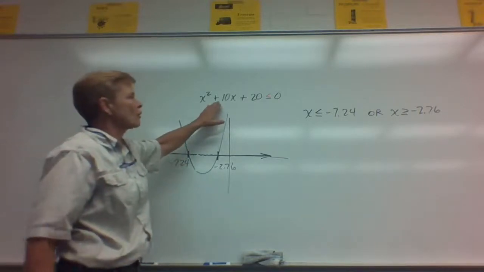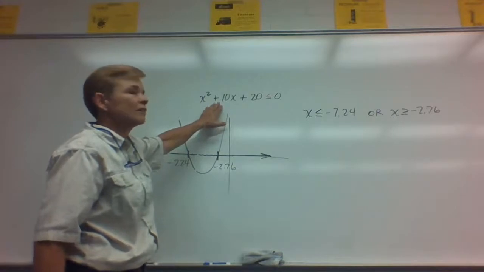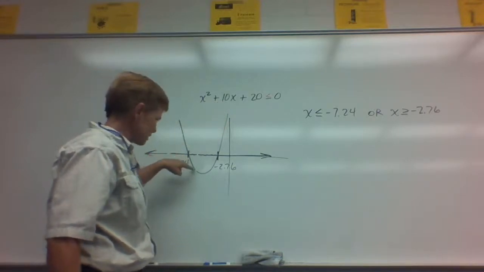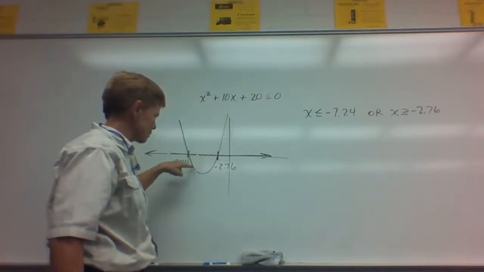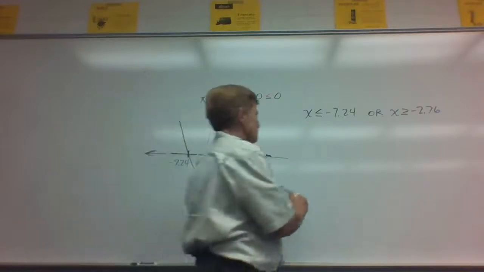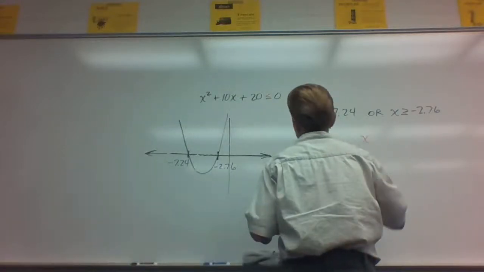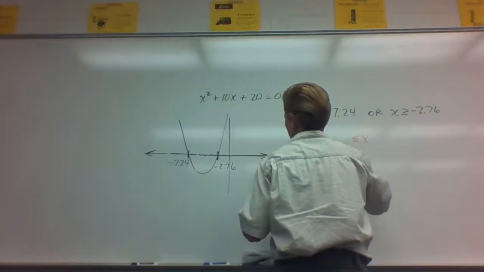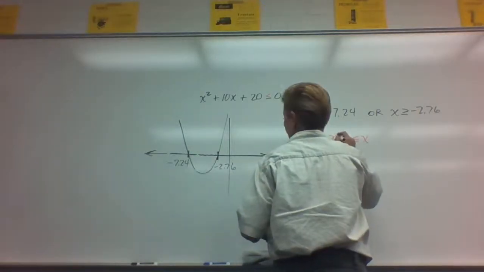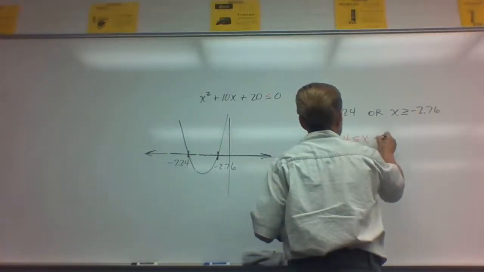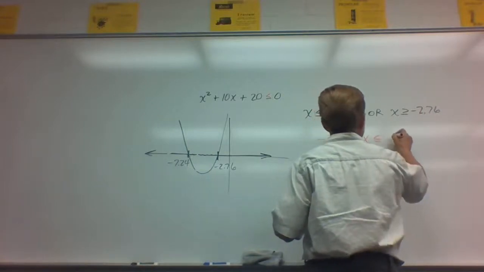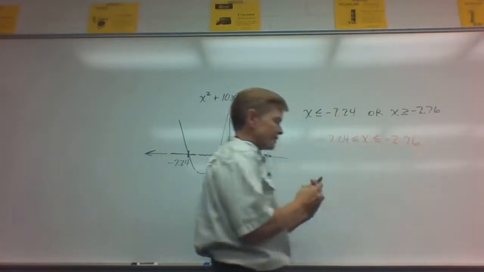Now we're looking for values that are returned that are negative. And that's what we see here, negative return values right in between there. And this is how you answer it. This is where you trap something in between. X is more than or equal to this lower one, and at the same time, less than or equal to this upper one. That's how you would answer it in that case.